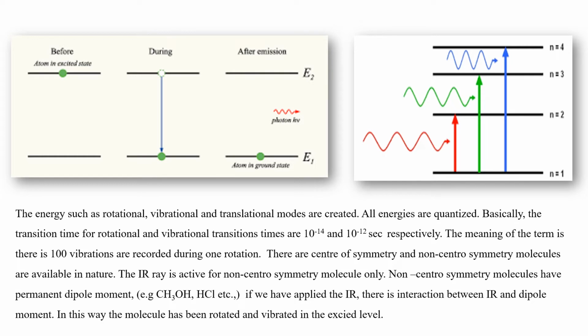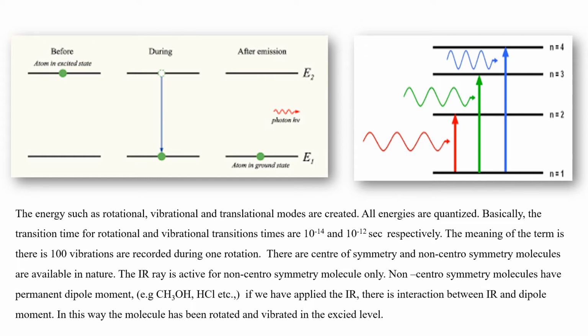Basically, rotation and vibration happen simultaneously inside the molecule whenever the electromagnetic wave interacts. The transition times are 10 power minus 14 and 10 power minus 12 seconds respectively. The meaning is that there are about 100 vibrations recorded in one single rotation.